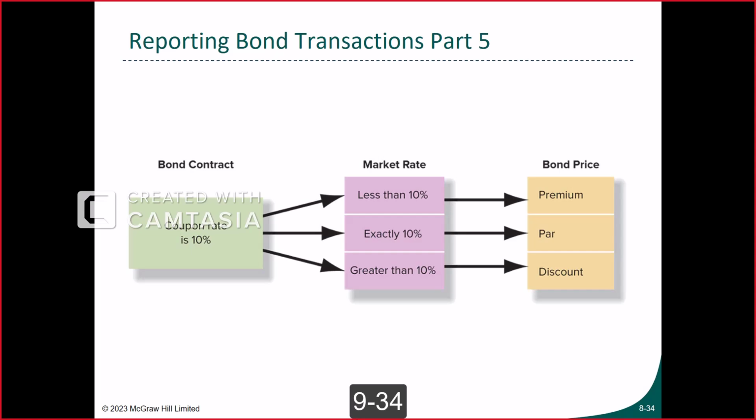Okay. Now, if the coupon rate is 10% and the market rate is greater than 10%, let's say 11%. In the market, the effective interest rate is 11%, while our bonds only offer 10%.